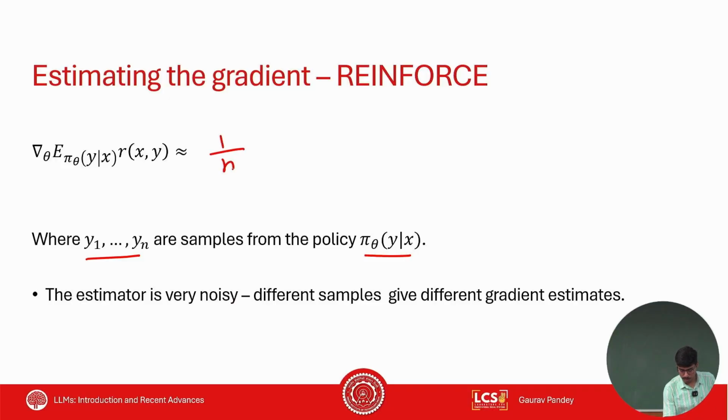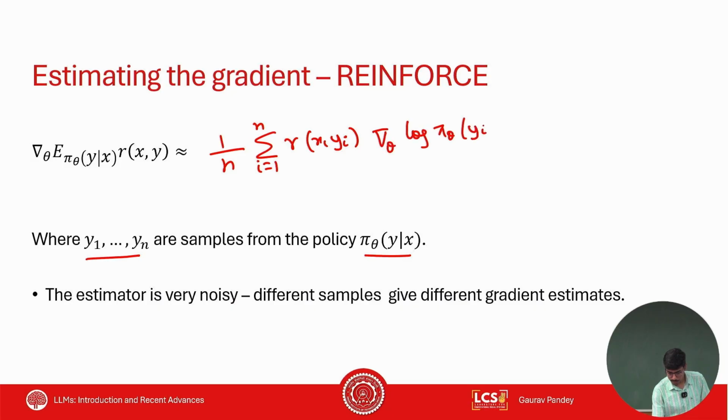1 over n, summation i equal to 1 to n, r(x, y_i) times gradient theta log pi theta of y_i given x. So this is your REINFORCE gradient estimate, and this you can use for training.